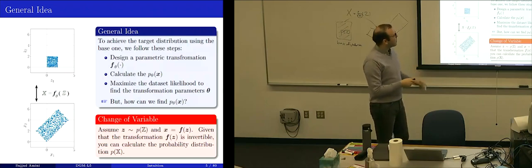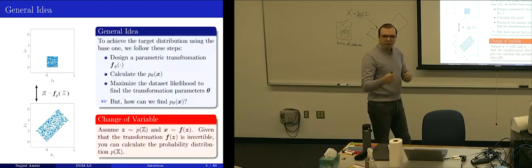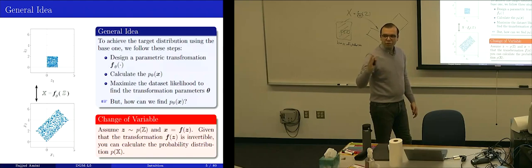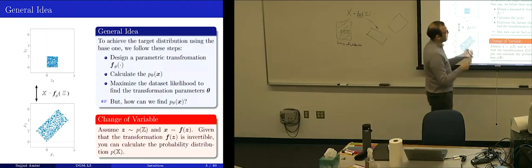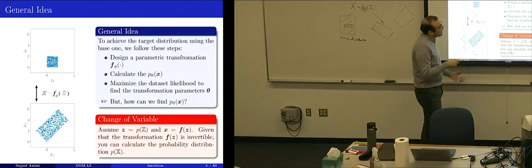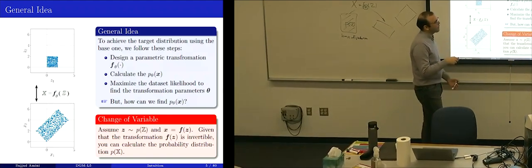Okay? What are the steps? First, we design a parametric transformation. It means that by changing the parameters, it has a new distribution. The parameters are your choices. You choose them, and we know how to choose them, and we see it in the next slides. Then calculate the resulting p theta of x.